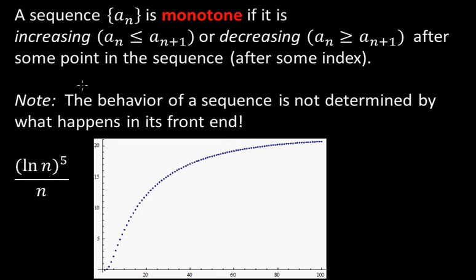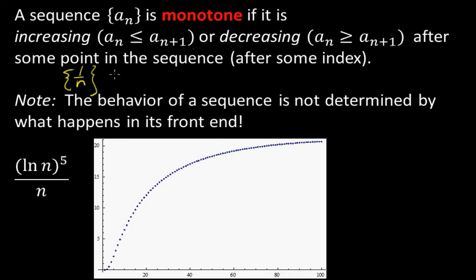A sequence is called monotone if it is increasing, in other words, the terms just get bigger and bigger, or decreasing, if the terms become smaller after some point in the sequence, after some index. Let's look at the examples that we looked at before. We had one example, braces 1 over n, on the previous slide.